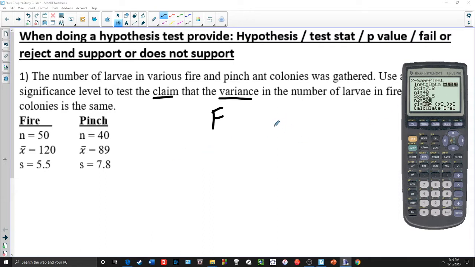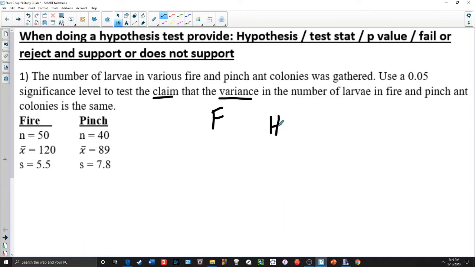Now, what I should have done before I entered all this in is write down my hypotheses. So let me go ahead and do that now. So I have H0 and I have H1. H0 is always that variance 1 is equal to variance 2, or deviation 1 equal to deviation 2, same thing. And then the alternative for a variance test is either going to be not equal to or greater than.